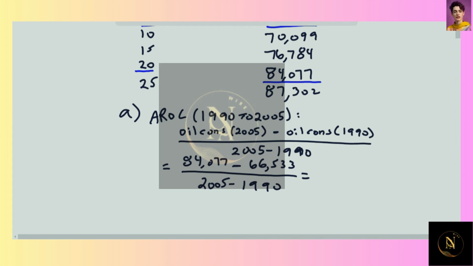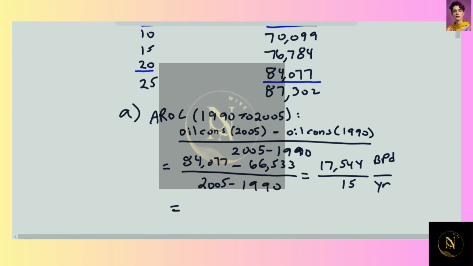Okay, so that means I now have 84,077 minus 66,533 is 17,544 over 15, right? This is barrels per day divided by years.